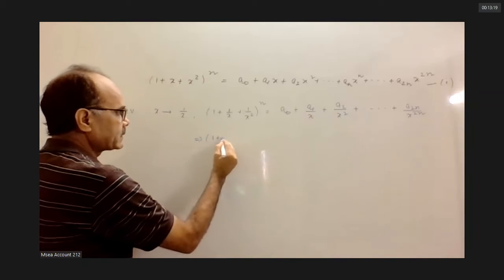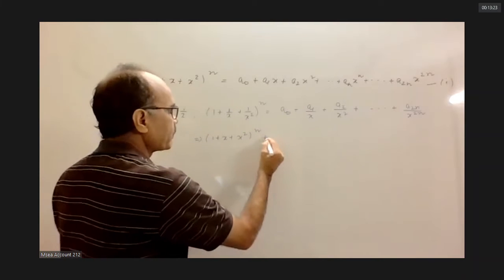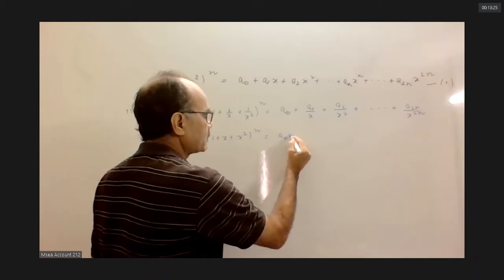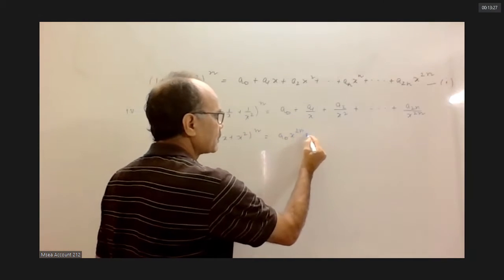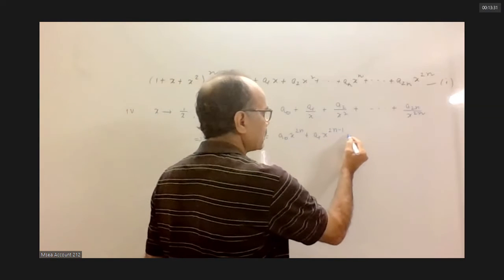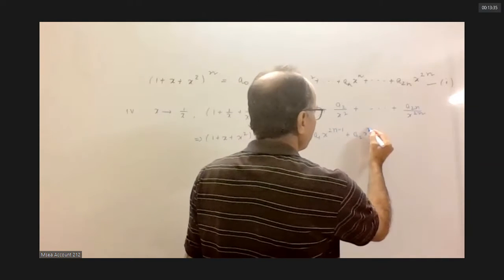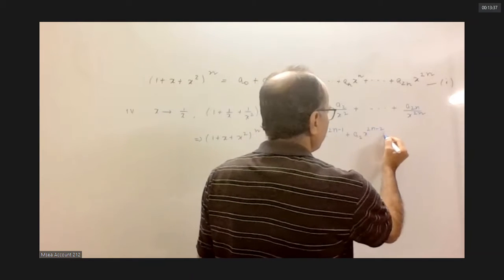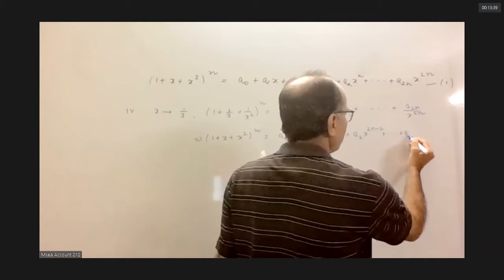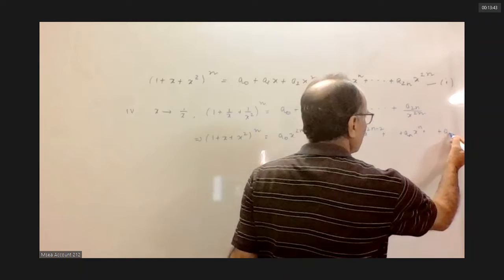So left hand side is same. On the right, a naught x to the power 2n plus a1 x to the power 2n minus 1 plus a2 x to the power 2n minus 2 and so on, up to a2n.